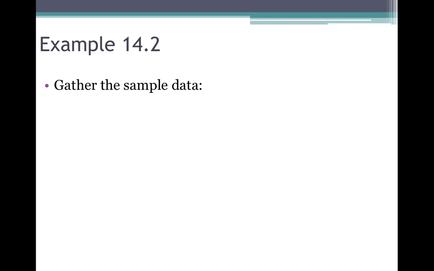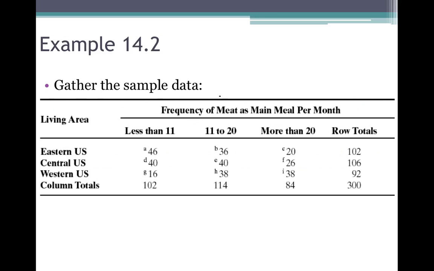So if we look at our sample data, you can use the sample table. You can use the titles for the rows and columns. Here the column header is frequency of meat served as a main meal per month, and the row header is called living area. You can use those to easily construct your null and alternative hypotheses.